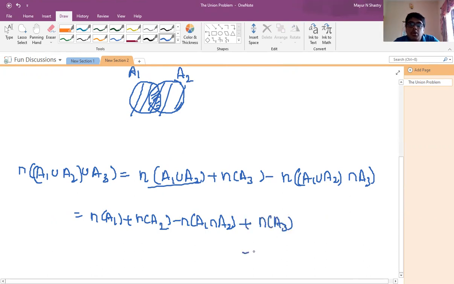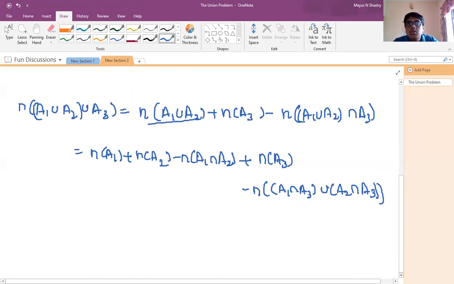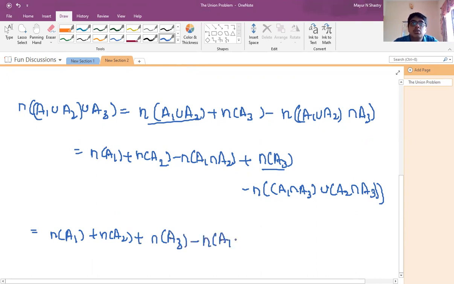And here we use the distributive law. So we can write it as A1 intersection A3 union A2 intersection A3. Then we can write it as n of A1 plus n of A2, I'm bringing this forward, plus n of A3 minus n of A1 intersection A2.